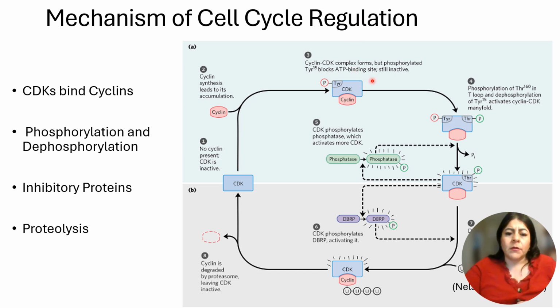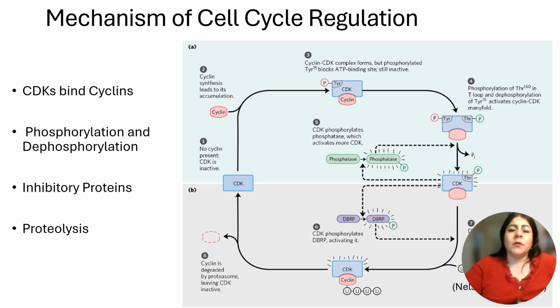So we're talking about this over here. These modifications will allow the activation of the cyclin CDK complex that needs to form. Once active, this CDK will further promote its own activation.